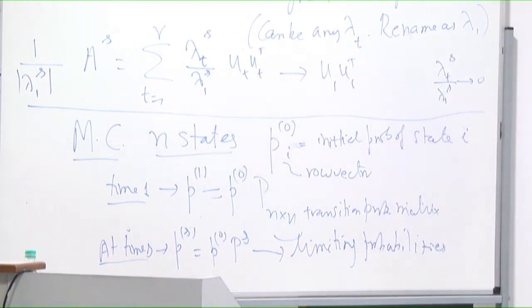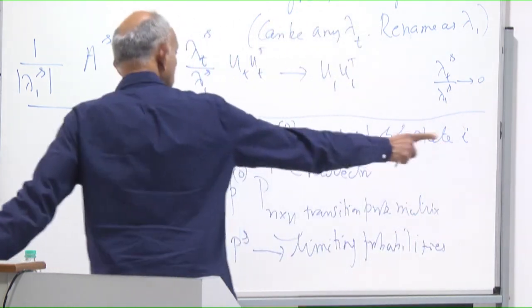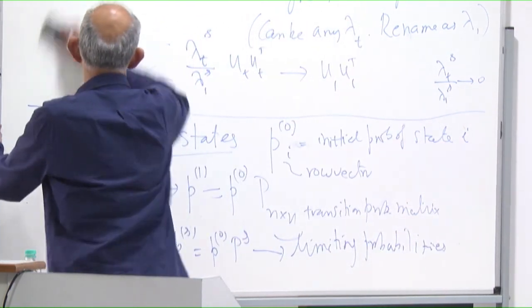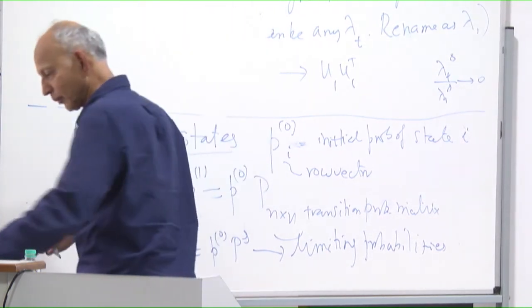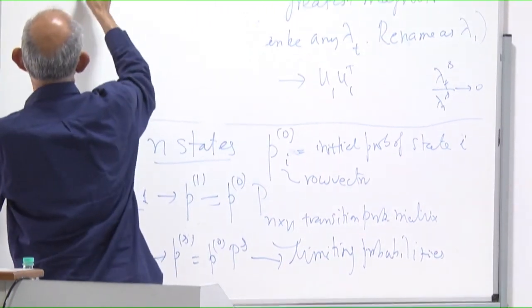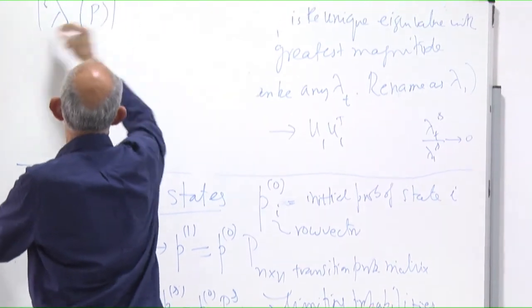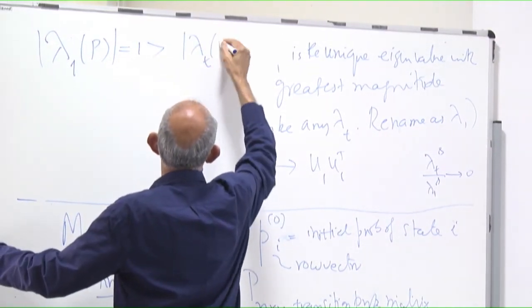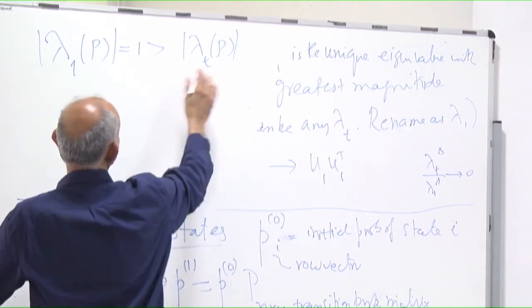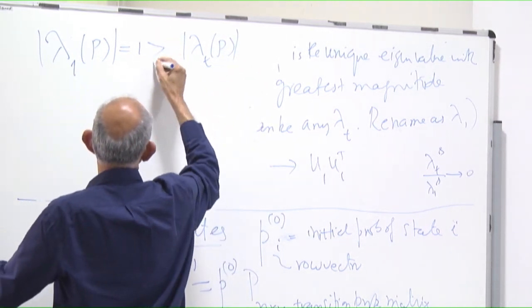Again, it's not my intention to prove it in detail, but I just want to tell you how what we have there works to prove that. So what happens for Markov chains is that lambda 1 of P is 1, and everybody else is smaller in absolute value. It's not always true for every chain, but we assume this now.